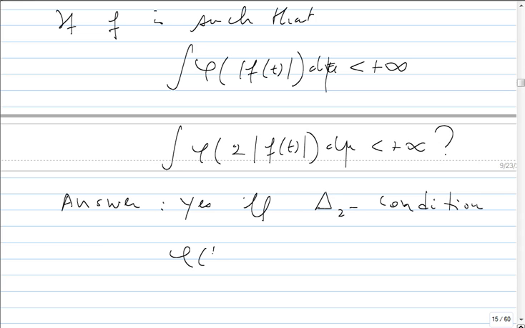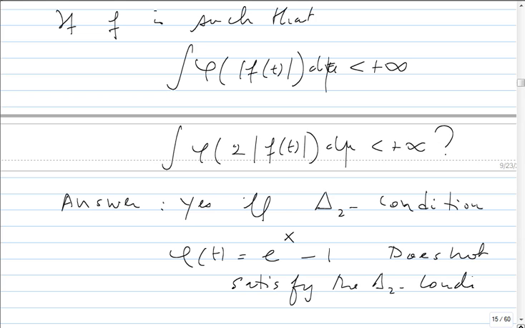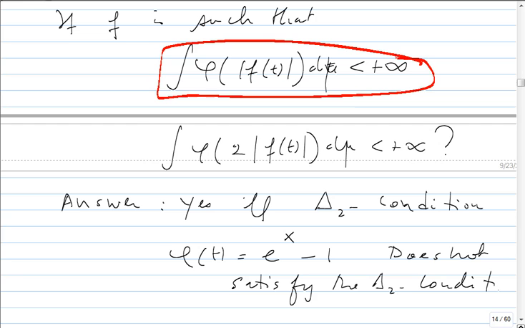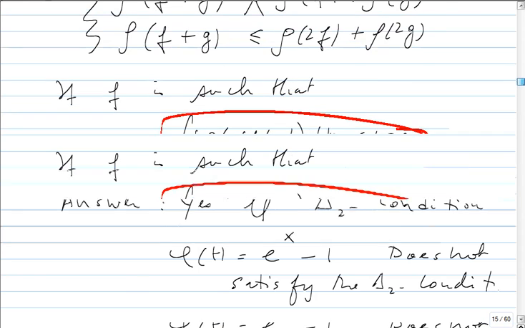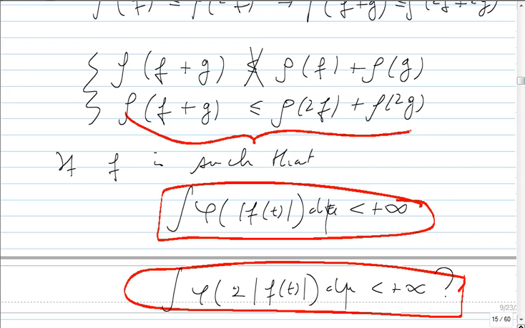But there are examples, like the one I just gave you, e^x minus 1, which does not satisfy the delta 2 condition. In this case, we may have this integral finite, but this integral is infinite. So in this case, you do not have it.